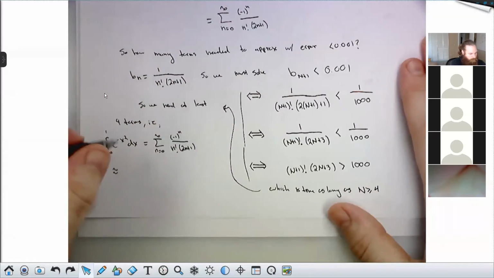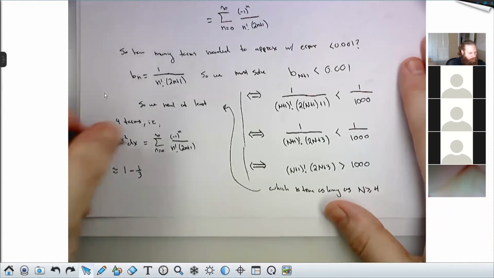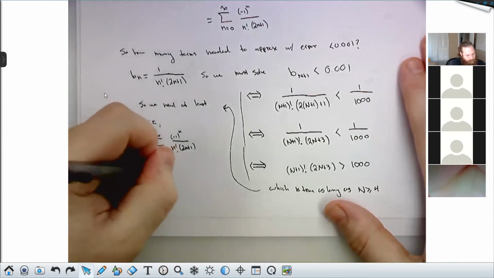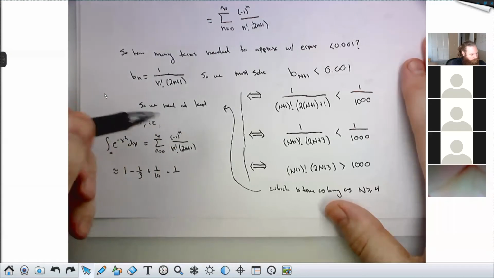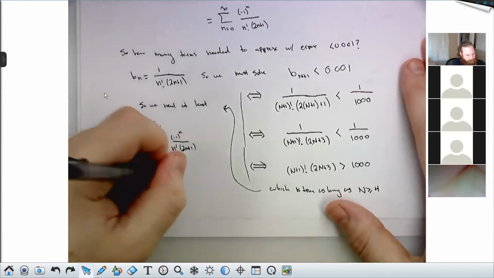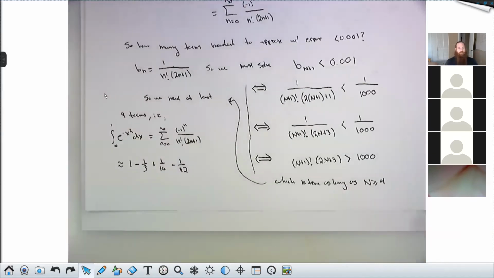When you plug in, this is going to be 1 minus 1/3 plus 1/10 minus 1 over, if I plug in n equals 3, this is 3 factorial, 6, times 2 times 3 plus 1, which is 7. And 6 times 7 is 42, right? Yeah. So this approximation will be accurate to 0.01 error. Cool stuff, right?